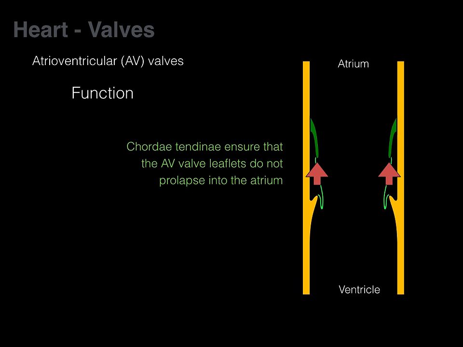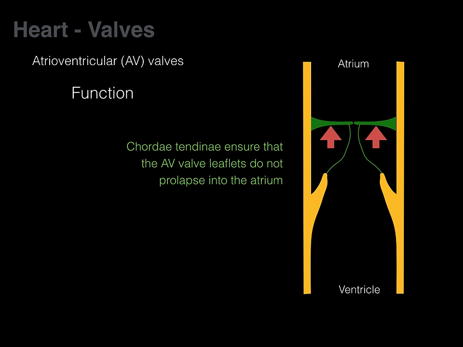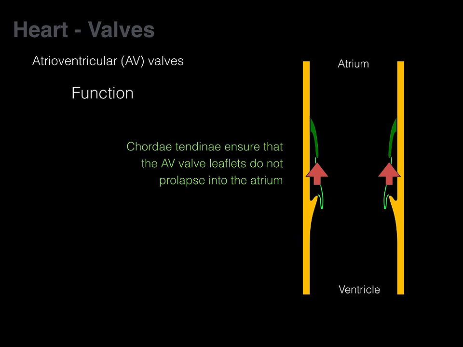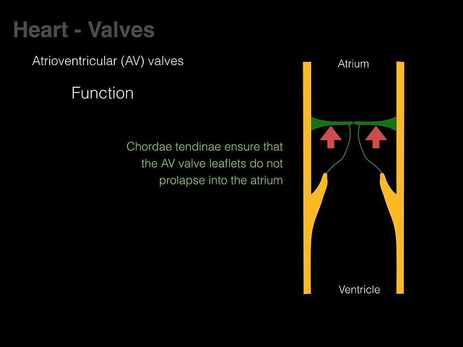Now, the chordae tendineae ensure that the AV valve leaflets do not prolapse into the atrium. You see that? Now watch what happens. Do you see that? So what happens is the blood forces those AV valves shut and then continues to balloon up, because these valves are connective tissue, and like parachutes, they'll balloon up, but the chordae tendineae prevent the leaflets from prolapsing into the atrium.